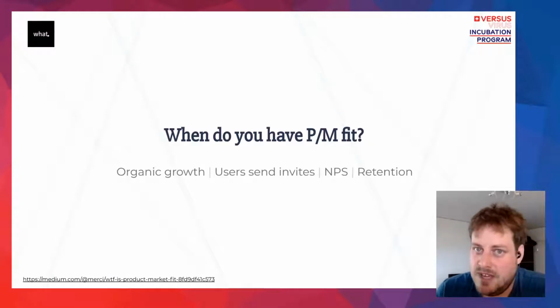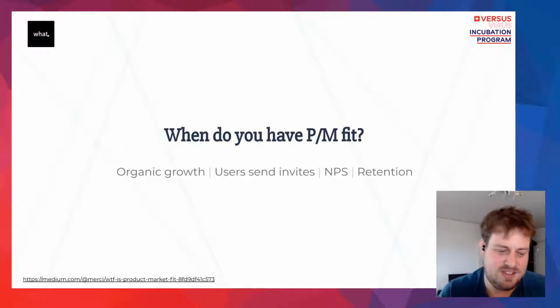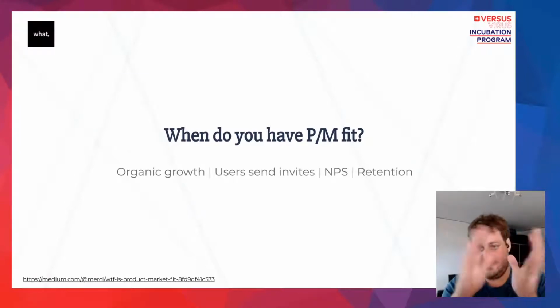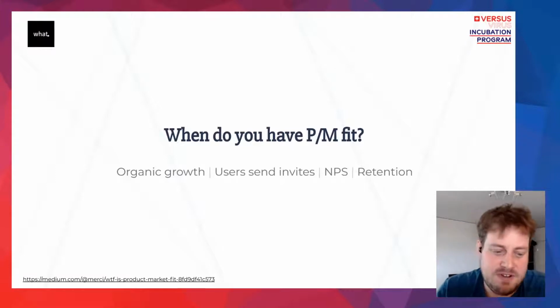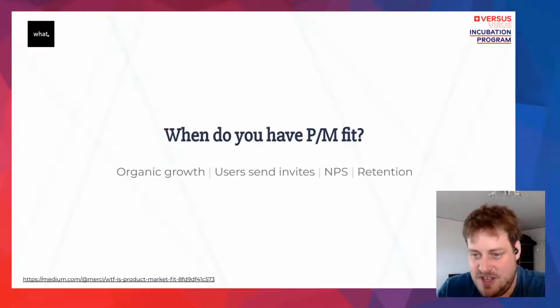A second one is users sending invites. So viral loops, so functionalities in your product that help your users find new users, are a great indicator, because people will only invite their friends if they actually are convinced that your product is good.